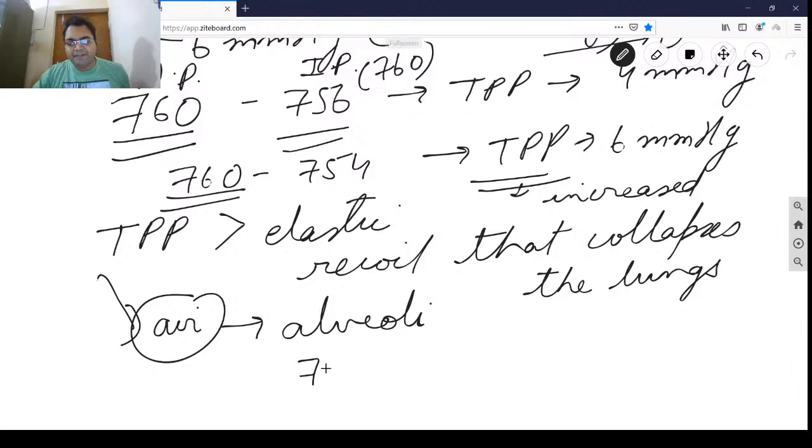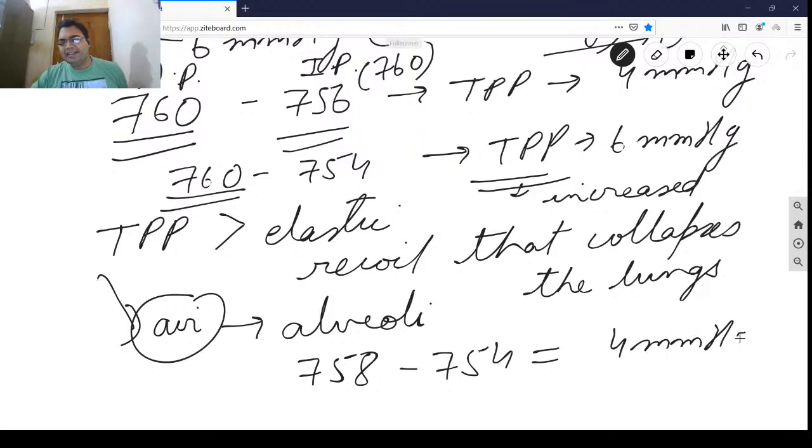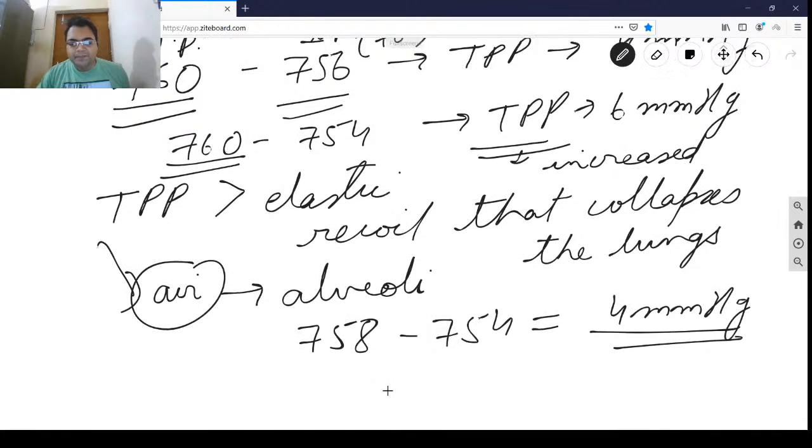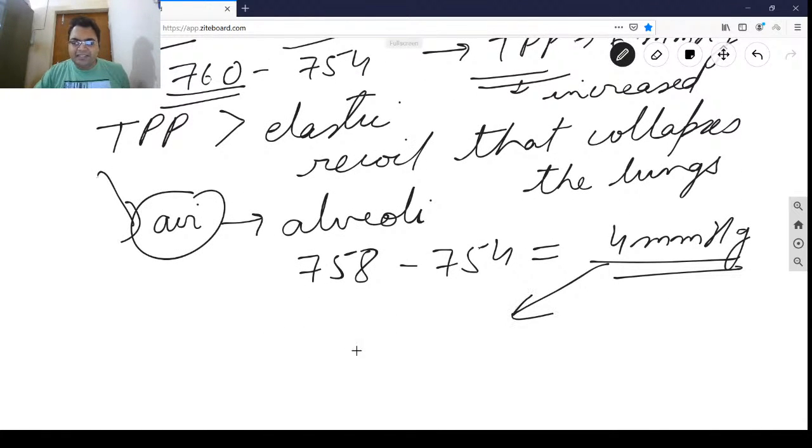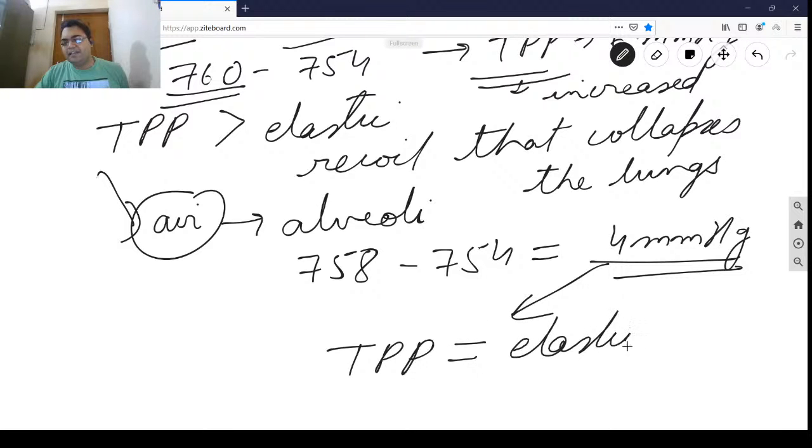This may reach 758. The lung is expanding, now 758 minus 754. Again you have reached 4 mmHg. At 4 mmHg, the TPP is equal to the elastic recoil, which wants to collapse the lung.